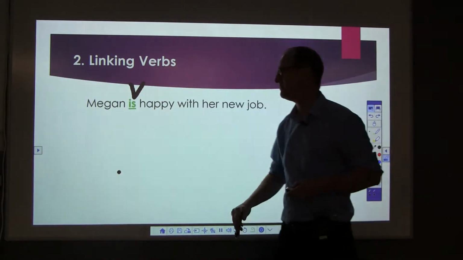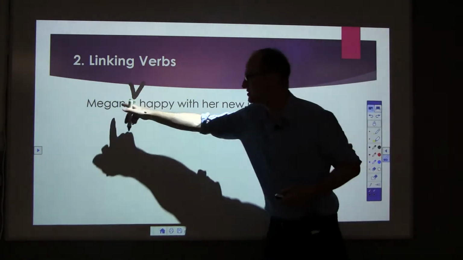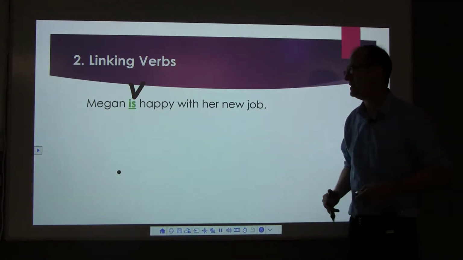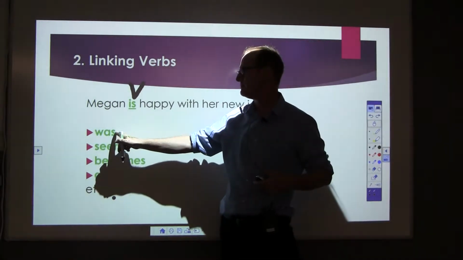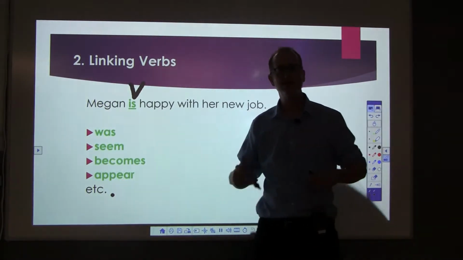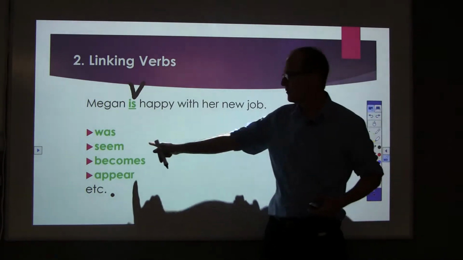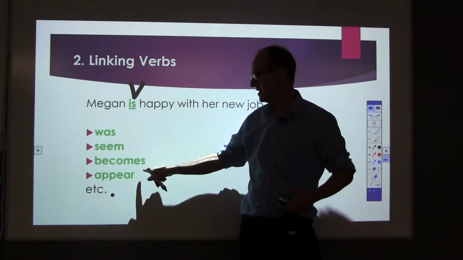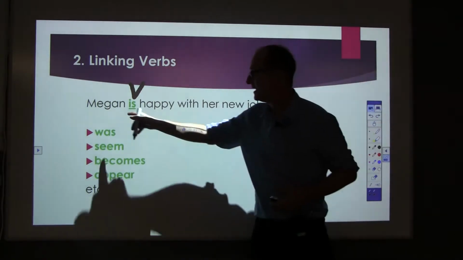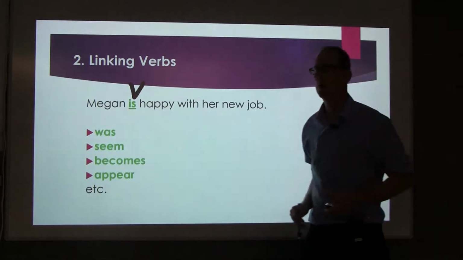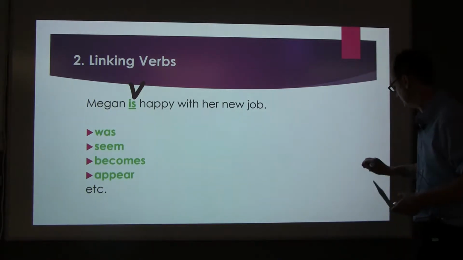And the word between those, that links those two, is called a linking verb. And there are many linking verbs. Most linking verbs are forms of to be. Is, was, are, were, but forms of to seem, to become, and to appear can also be linking verbs. So linking verbs, again, join the subject with the word or words that describe it.